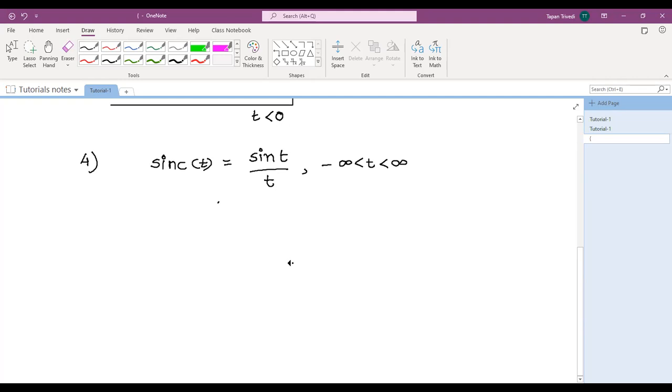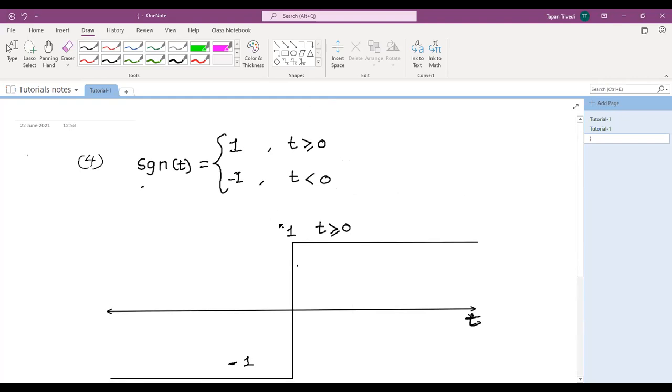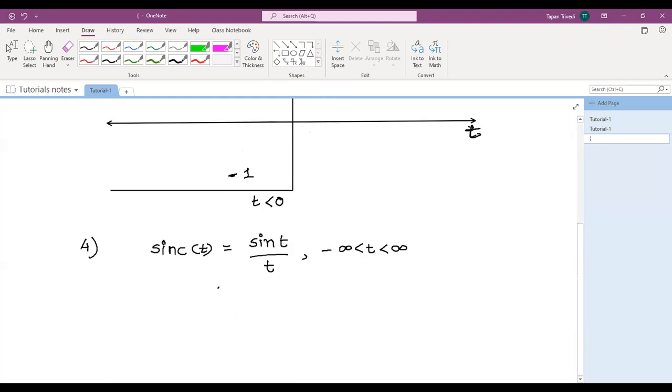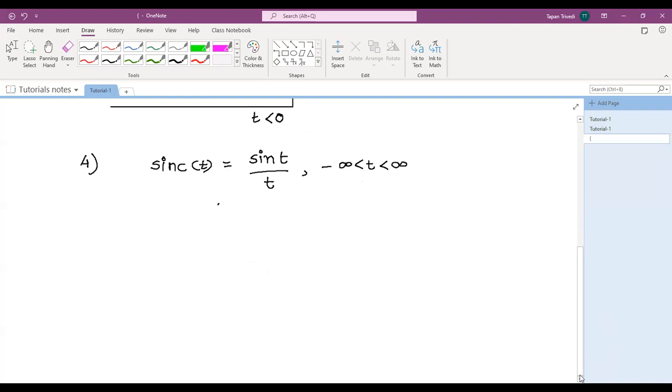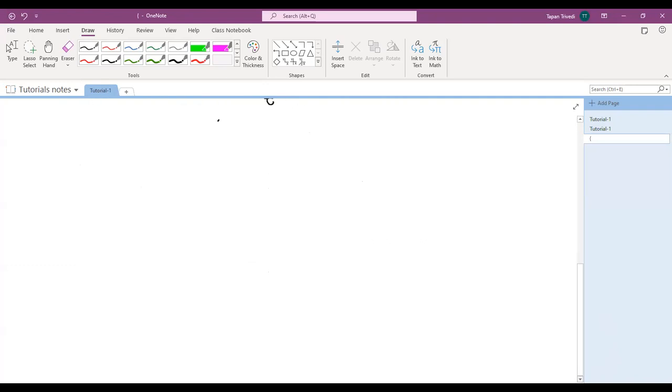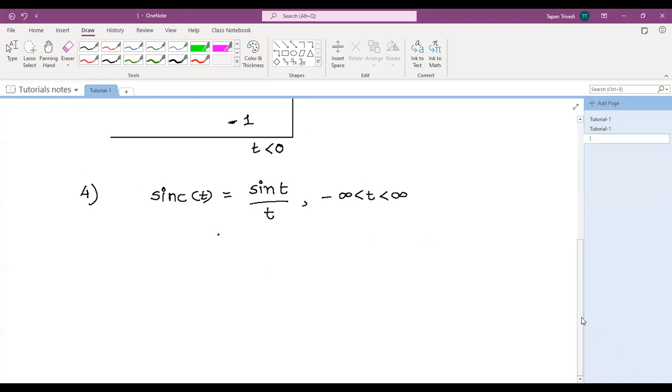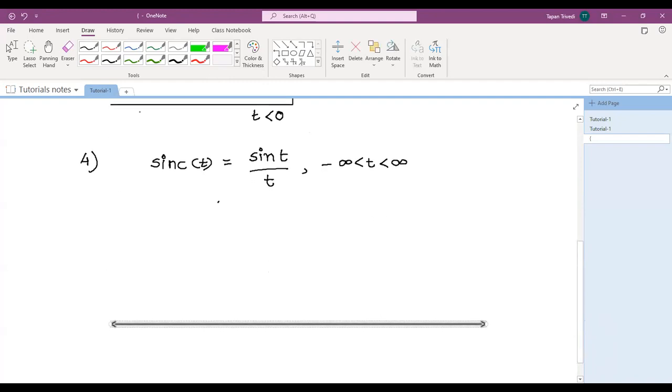Understood? The sinc function is defined as sine of t divided by t, for values of t ranging from minus infinity to plus infinity. If you have to draw this, you can draw it like this.